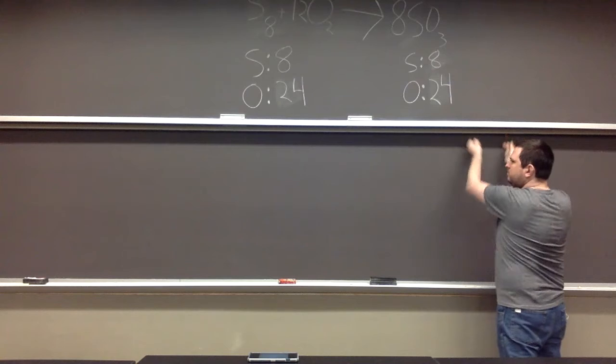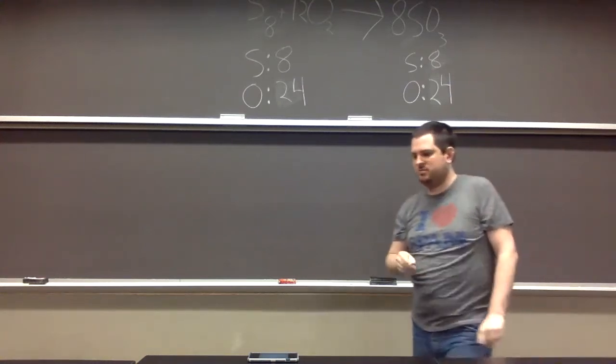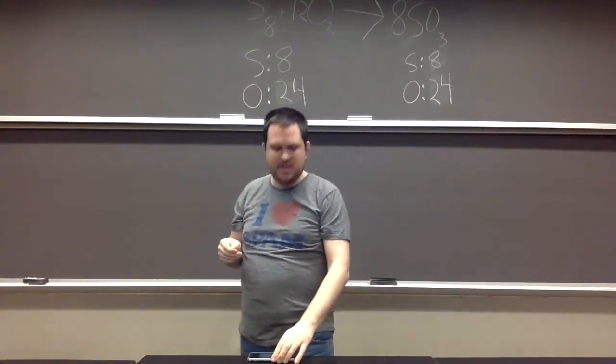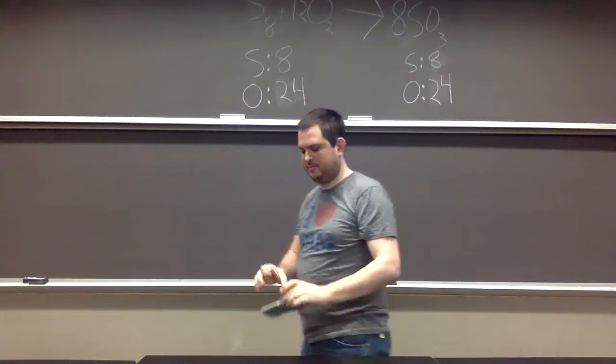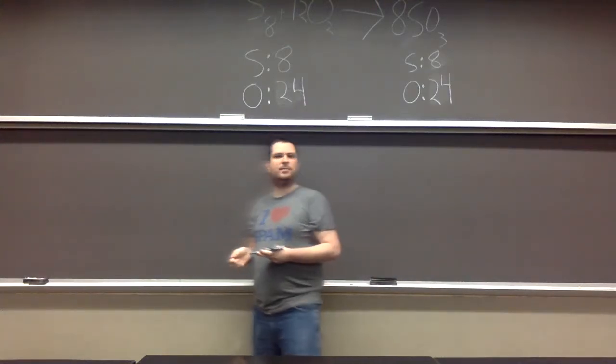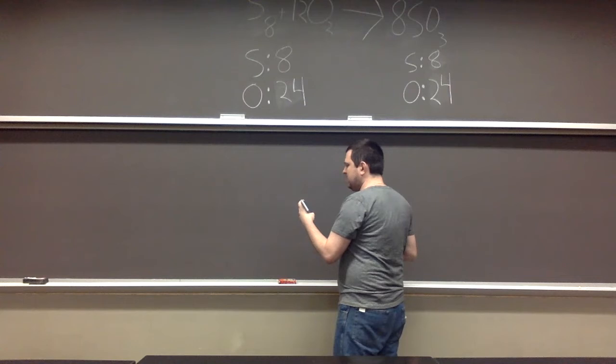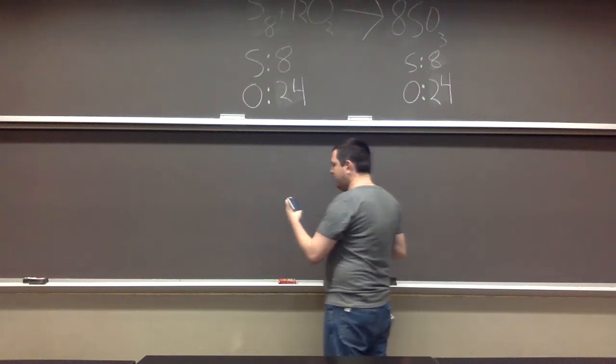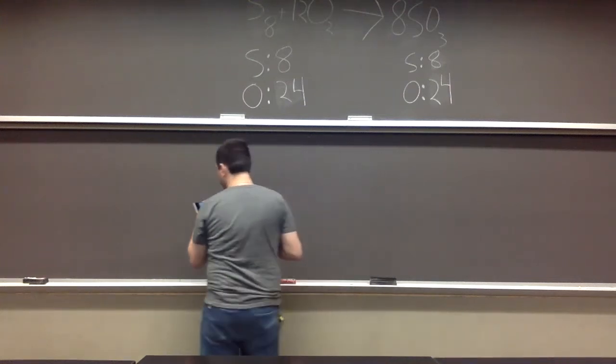Let's go on to our final equation. This one is very important because it is the way that plants produce sugar. This is the chemical equation for photosynthesis.